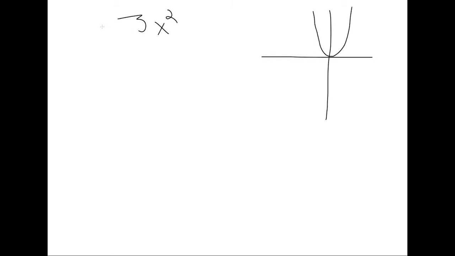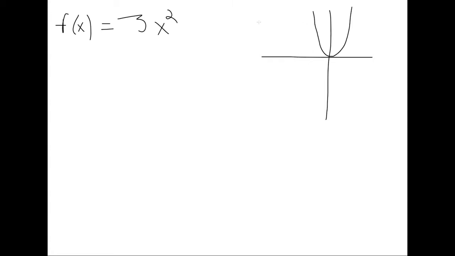But what would a vertical stretch look like? Well, let's go back to our usual parabola function. We have just 3x squared again is going to be f. And we wanted to make it double its height, okay? So we wanted its height to be doubled.